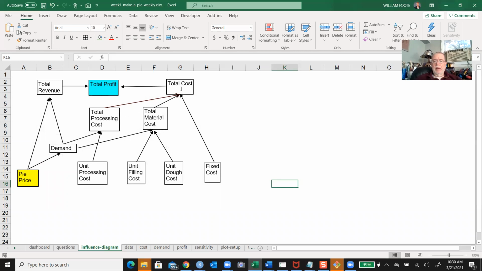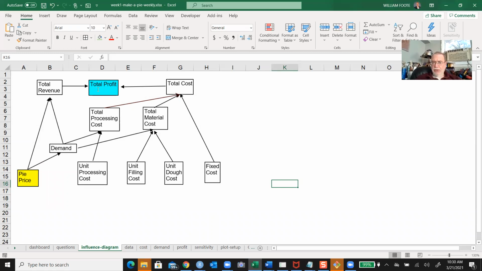And three costs, the fixed costs, the total material, and the total processing, those will all contribute to total cost. So it is this flow of information. These arrows all move up and over to total profit eventually.